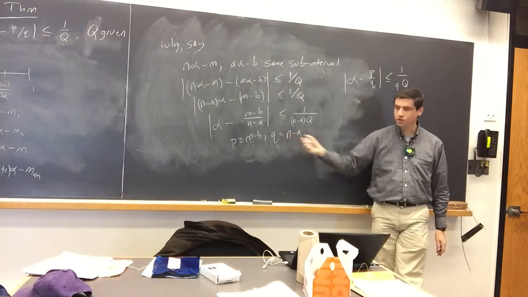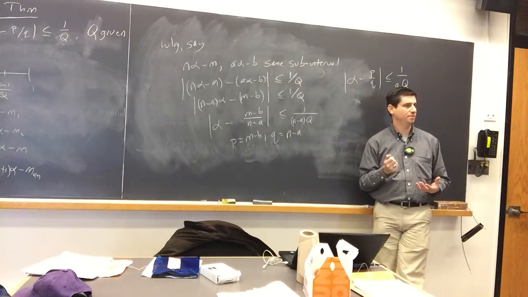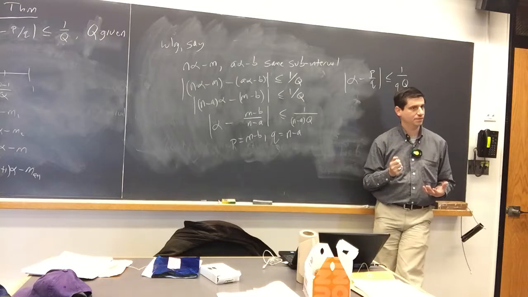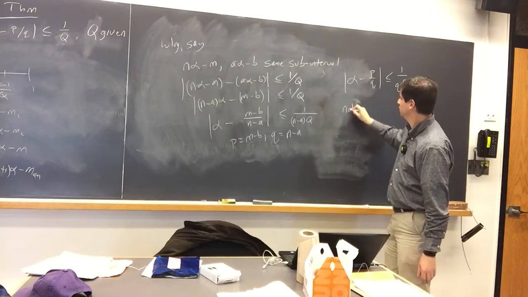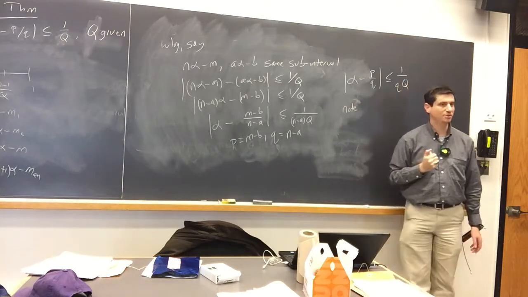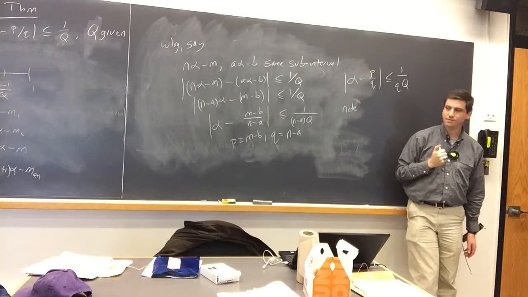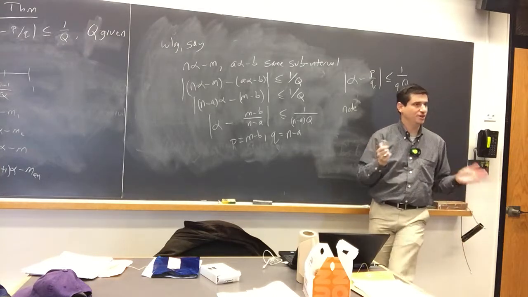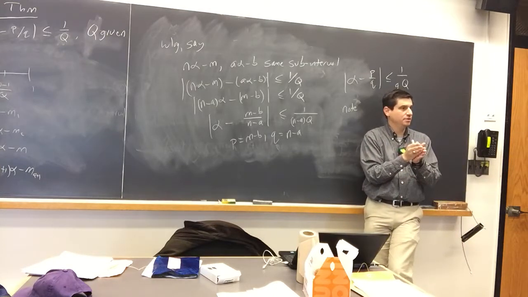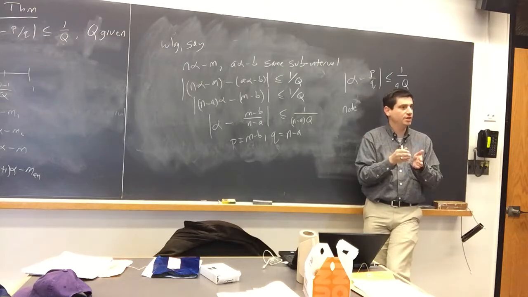How big can little q be? What's the smallest little q could be? What's a lower bound for little q? One. We're not taking the same number. We have to take two different numbers.